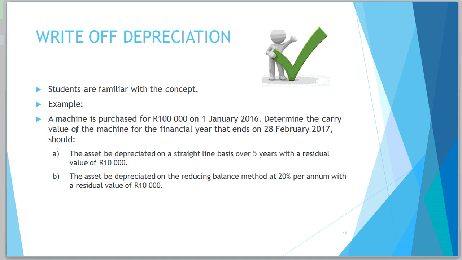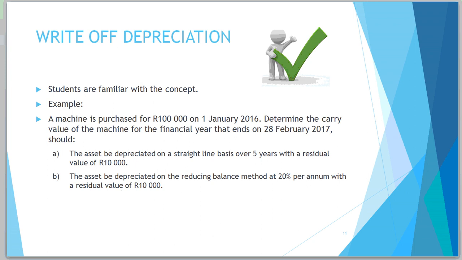Determine the carry value of the machine for the financial year ending 28 February 2017. And there they provide you with the depreciation method. They say the asset is depreciated on a straight line basis over 5 years with a residual value of 10,000, and the asset is depreciated on the reducing balance method at 20% per annum with a residual value of 10,000 Rand.